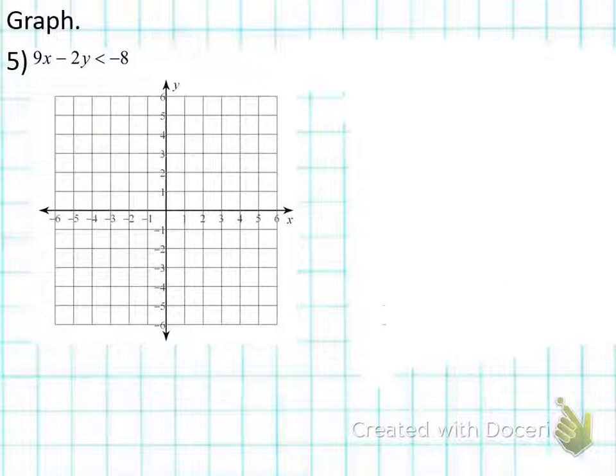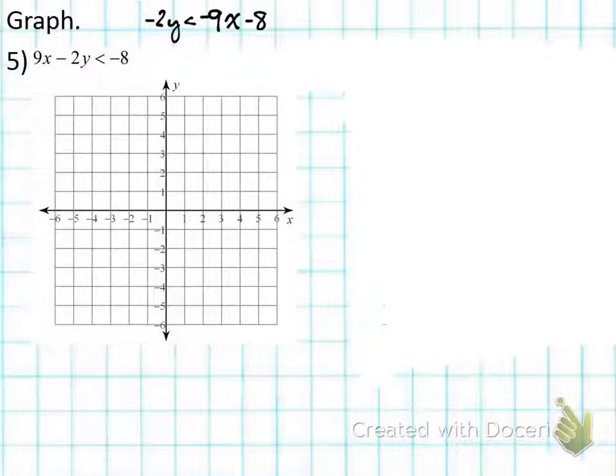Turn to your neighbor. Subtract what? Good, so we have negative 2y is less than negative 9x minus 8. Okay? Next, what would you do? Okay, divide by negative 2.